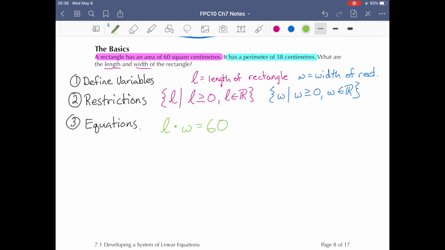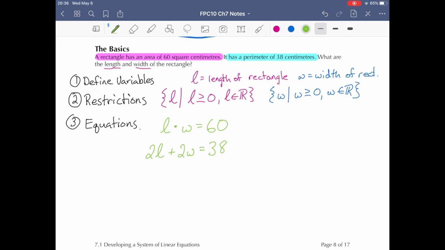So our second equation is, well, whichever formula for perimeter you use, I'm going to use twice the length plus twice the width will equal 38. These are our two equations that are related that come from this situation.